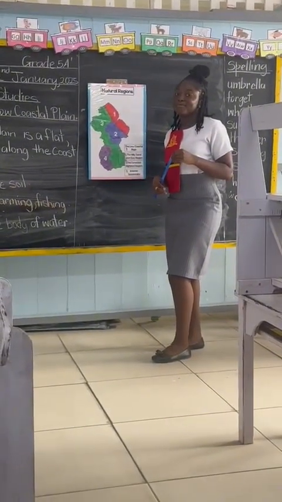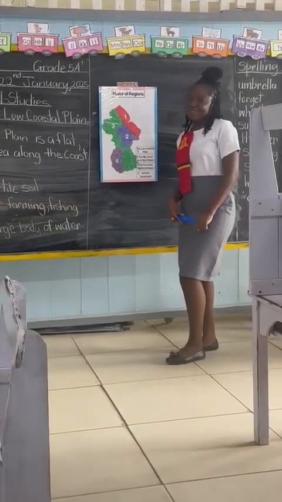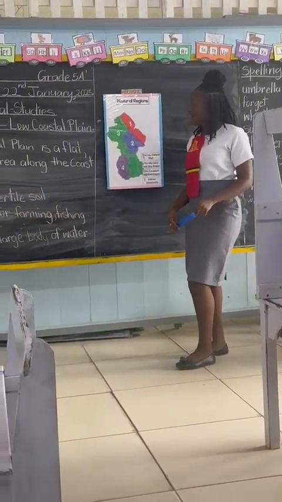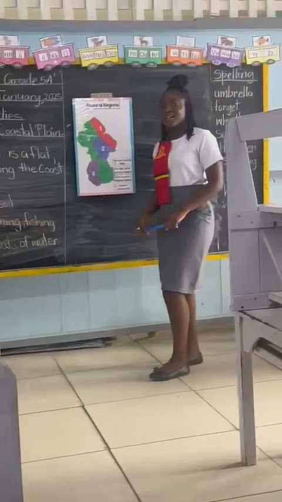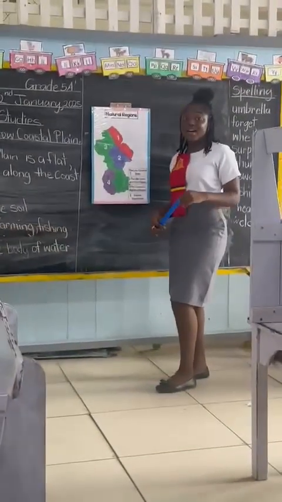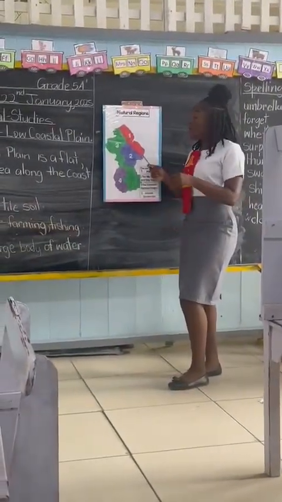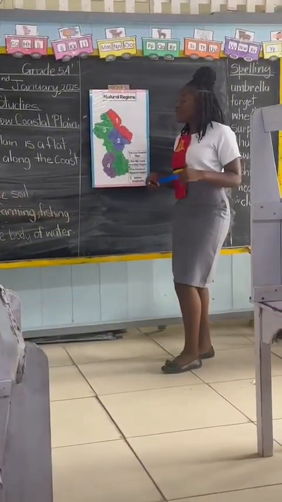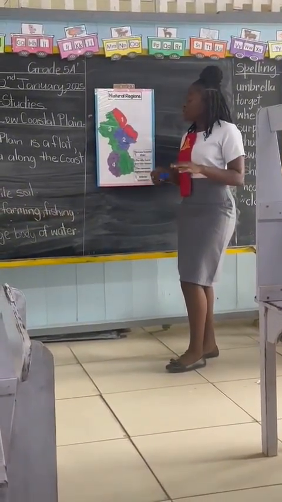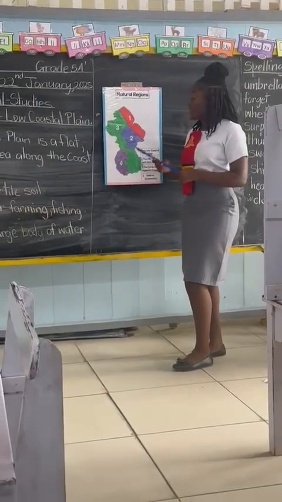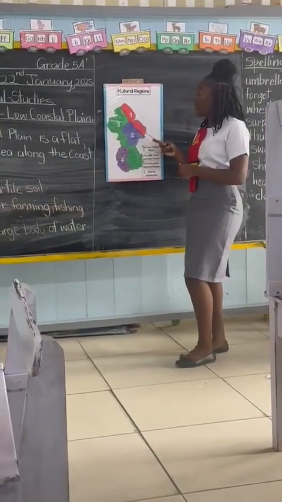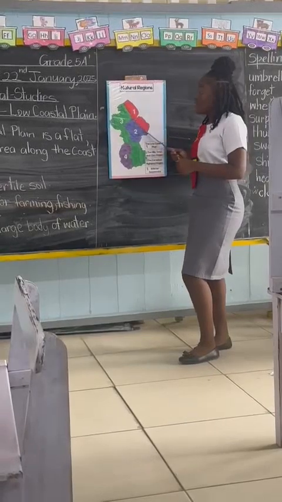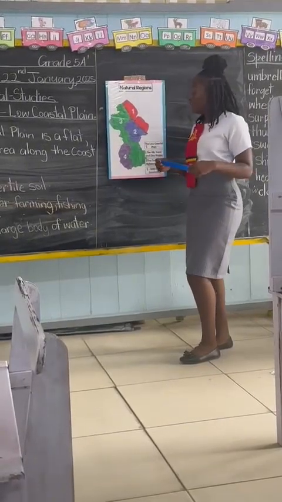Miss, number 4. No, good try. But it's not number 4. It is actually number 1. So the low coastal plain on the Guyana map is here. It is shaded in red.